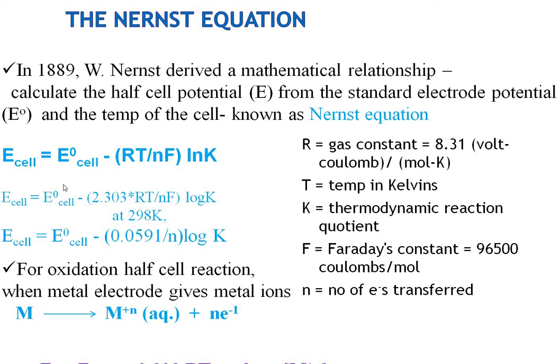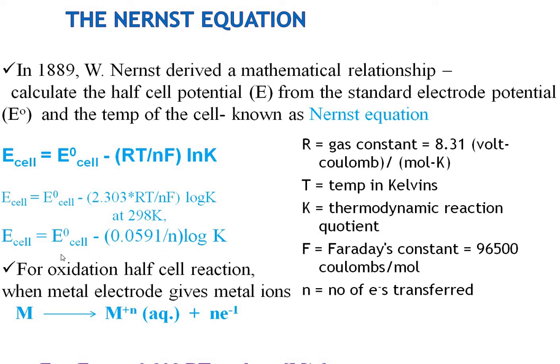So E cell equals E0 minus 2.303 RT upon nF log K. When we put the values of R and T, at 25 degrees centigrade, the value becomes 0.0591.